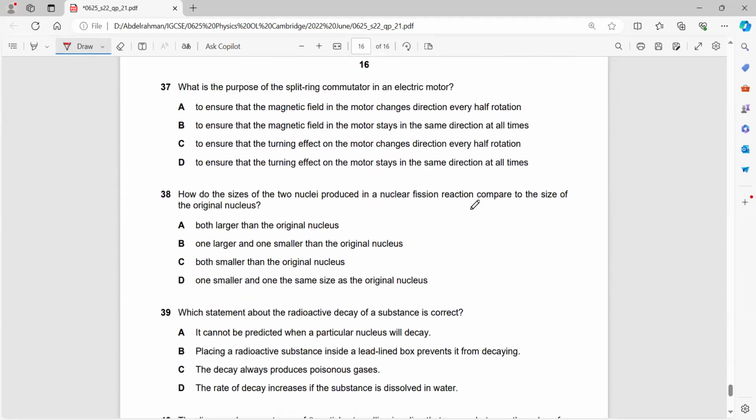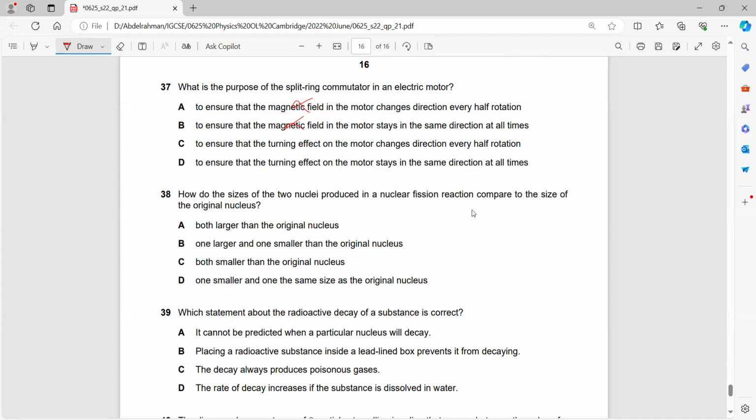What is the purpose of the split ring commutator? What does it do? It changes the current every half rotation, to make sure that the turning effect is the same. The magnetic field would be the same because you already have two magnetic poles.